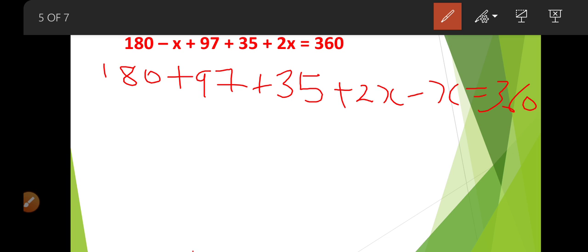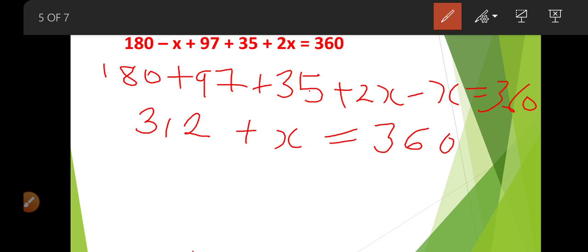So if we add these together, we have 312, and 2x minus x is equal to x, which is equal to 360.